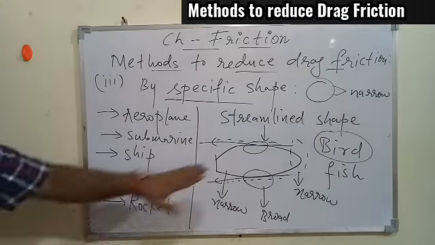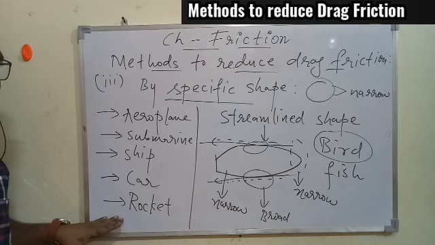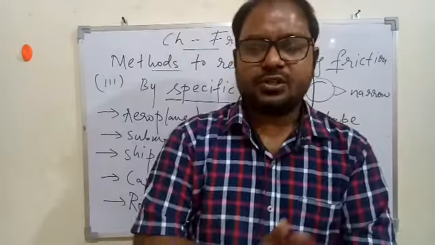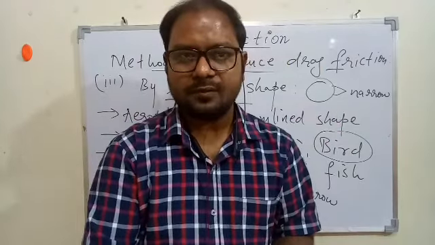Hence, based on the same concept, we have made the different machines which are working within the fluid with very less difficulty and with more efficiency and less wastage of energy. So I hope you understood this chapter, friction. Lots of things we understood in this chapter as well.